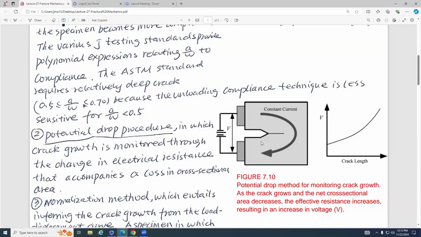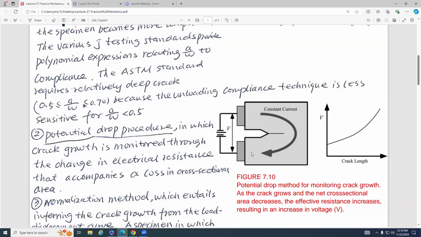The potential drop procedure uses the principle that if the crack grows, the electrical resistance of the specimen will become bigger, right? We know the voltage is fixed, and so from here to here, the voltage drop will become bigger. You understand, guys?